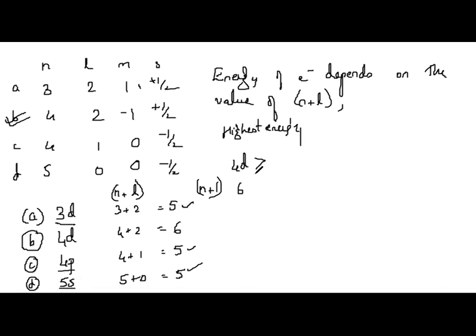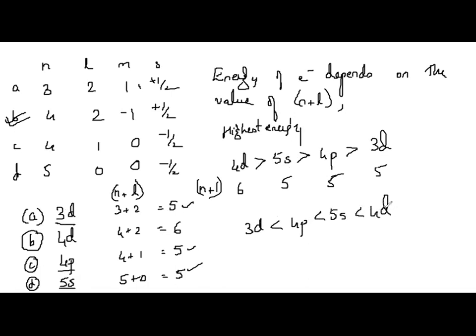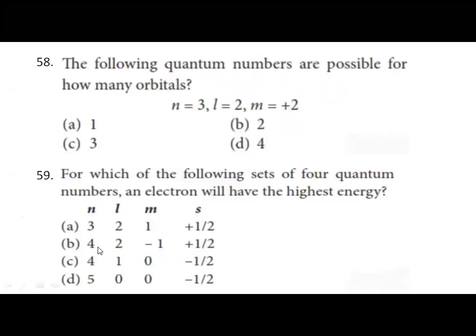So 5s comes first, then 4p, and last is 3d. This is in decreasing order. In increasing order, 3d has lower energy than 4p, which has lower energy than 5s, which has lower energy than 4d. Is that right? Here they have asked only which has the highest energy, and this has the highest energy according to the n plus l rule. So it is option B.